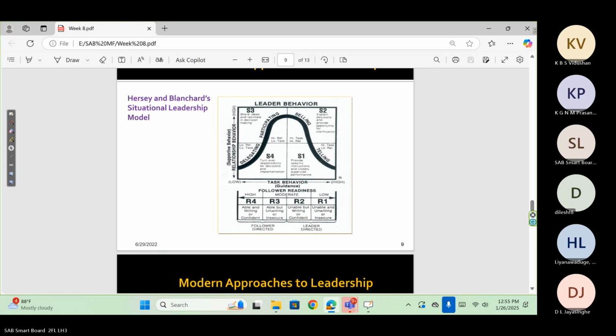Right. Then the situation changes a little bit when R2 is found. R2 means readiness level 2. Here the first element can be positive, other two are negative.